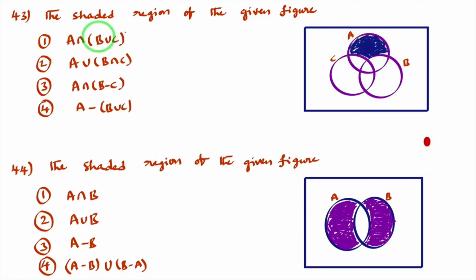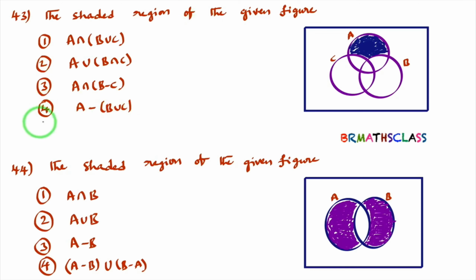Now you observe the options. Whichever option gives the meaning only A, that is the right option. You see this fourth option, A minus B union C. What is this? It means A but not B union C. We know what A minus B is. What is A minus B? A minus B means A but not B, correct?